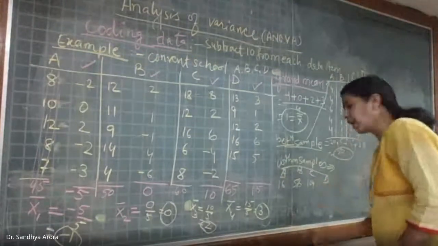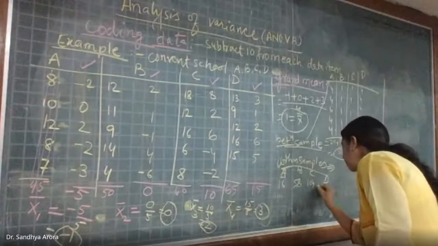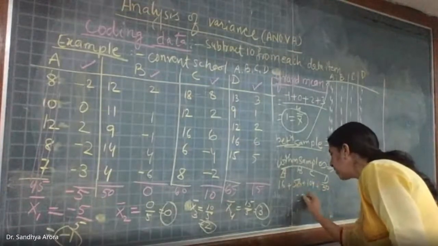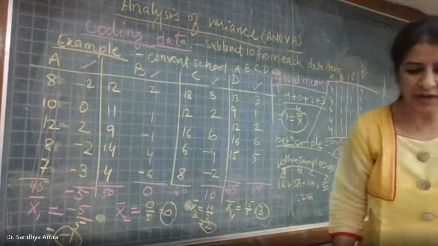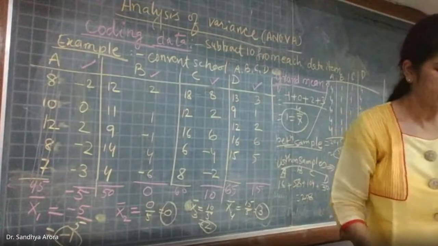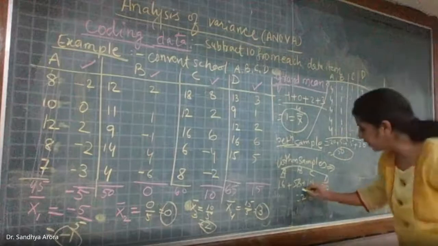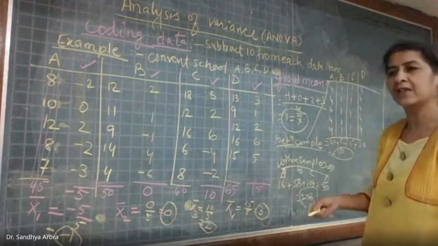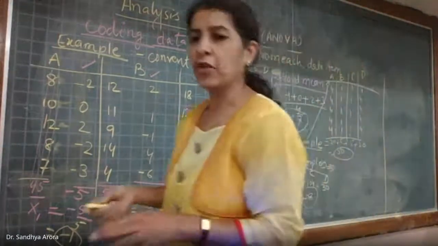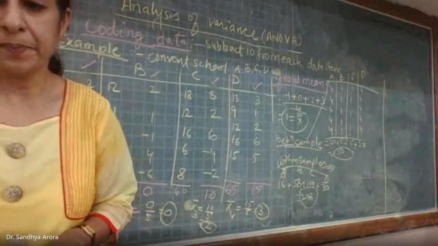Quantities are actually the same. Yes, they are the same. So last is 30. So when you do the addition of all these things, you will get what? 208, isn't it? So the quantities which you are getting, 50 and 208, degrees of freedom is still the same, 16 and 3. So your F ratio will also be the same.